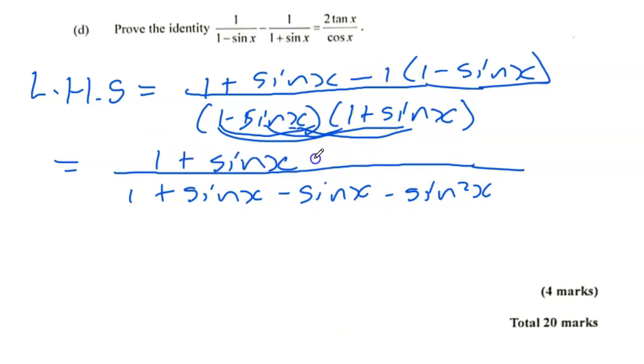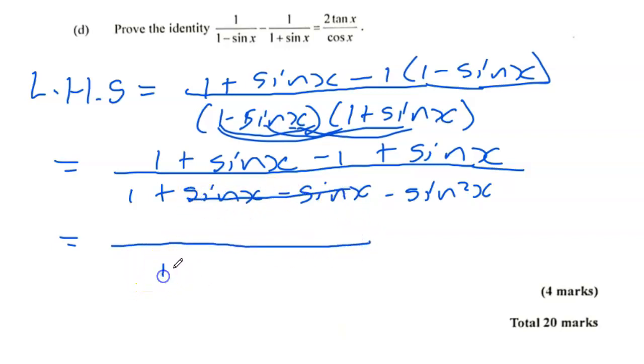Distribute the negative 1, that's minus 1 plus sine x. Remember, negative times negative is positive. In the denominator, these two terms cancel, so what we have is 1 minus sine square. And in the numerator, this positive 1 cancels with negative 1, so what we have is just 2 sine x.